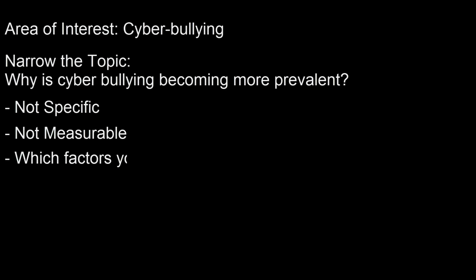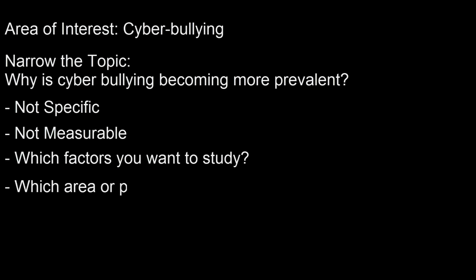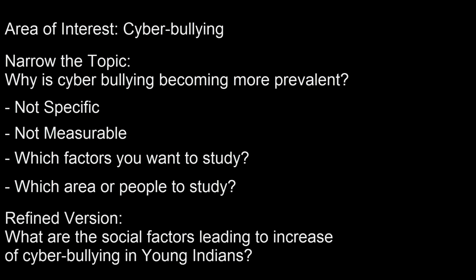What factors you want to study, which area, which population? These things are not specified here, so we put them in, and now we come to: what are the social factors leading to the increase in prevalence of cyberbullying in young Indians?